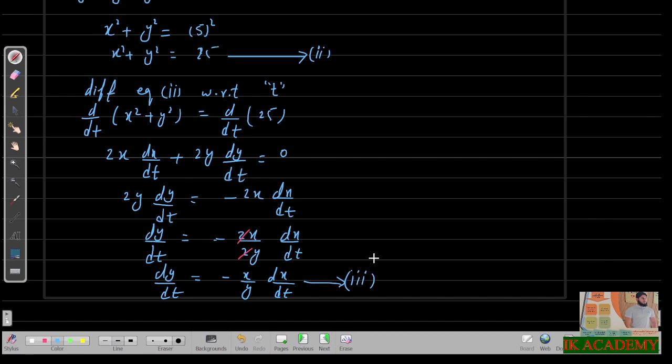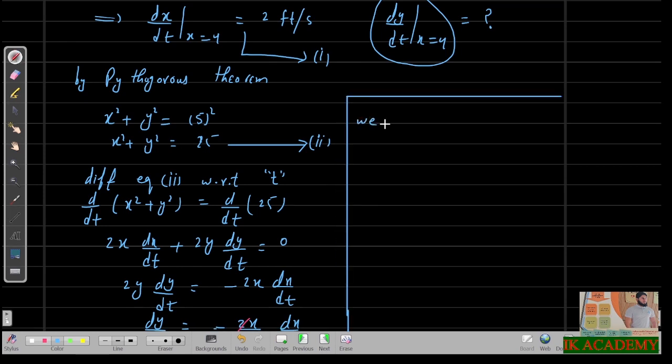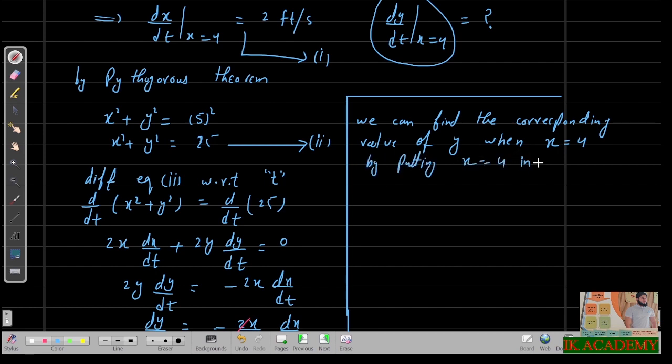I can easily find the corresponding values. We can find the corresponding value of y when x is equal to 4 by putting x equal to 4 in equation 2. So I'm going to use this equation.